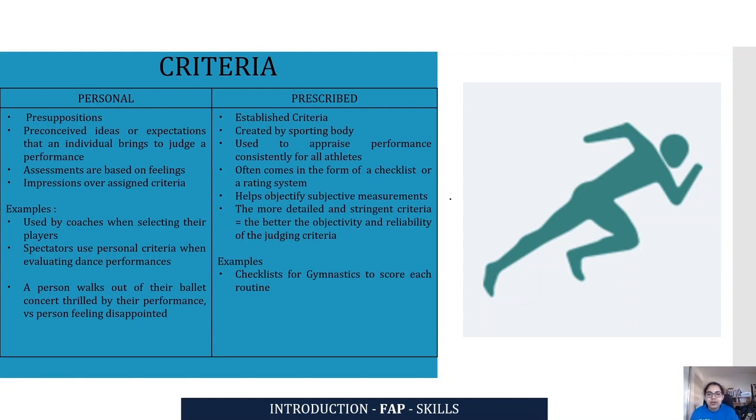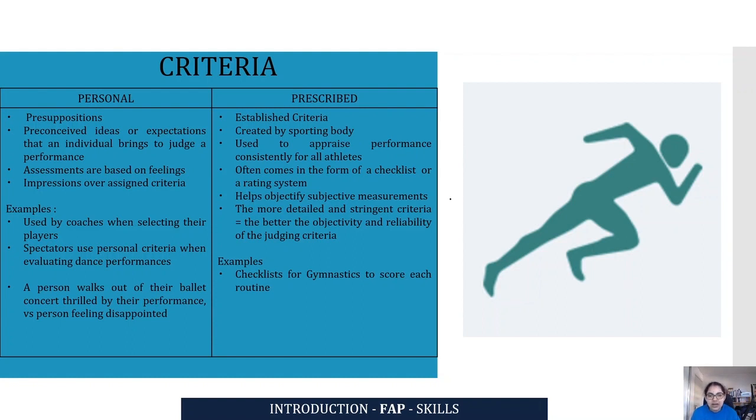Prescribed criteria. This refers to the established criteria which is created by the sporting body, and it is used to appraise performers consistently for all their athletes. So it often comes in the form of a checklist or a rating system, and it helps objectify subjective measures.